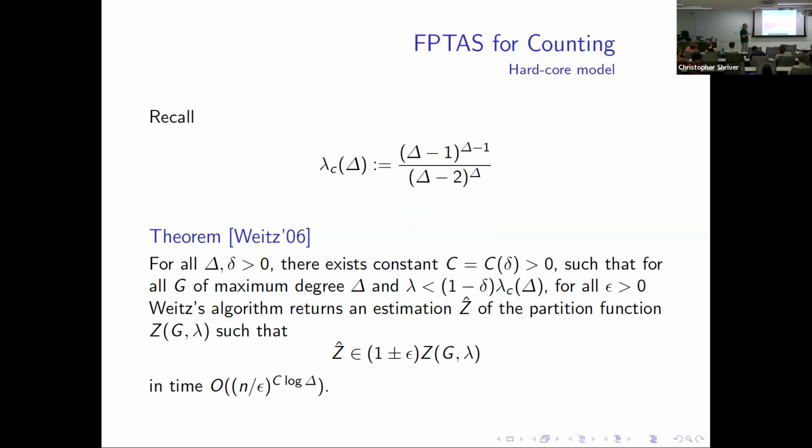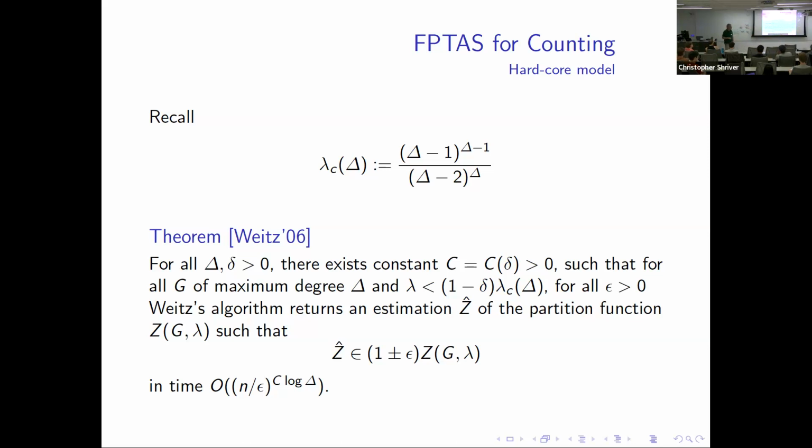So we have a graph G of maximum degree delta. We have lambda in the uniqueness region for the delta regular tree, right? Then this construction with the tree of self-avoiding walks and the estimation with pruning and so on returns an estimation Z hat of the partition function we want to estimate, which is within a factor 1 plus minus epsilon, in time which is big O of n over epsilon raised to some constant C, which depends on how far we are from the uniqueness threshold, times log of the maximum degree.